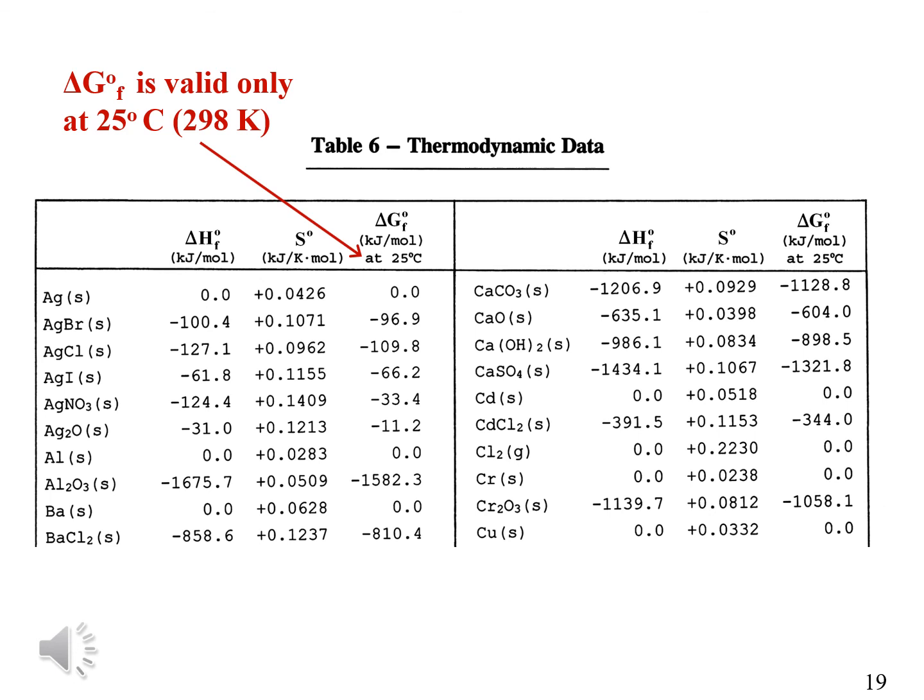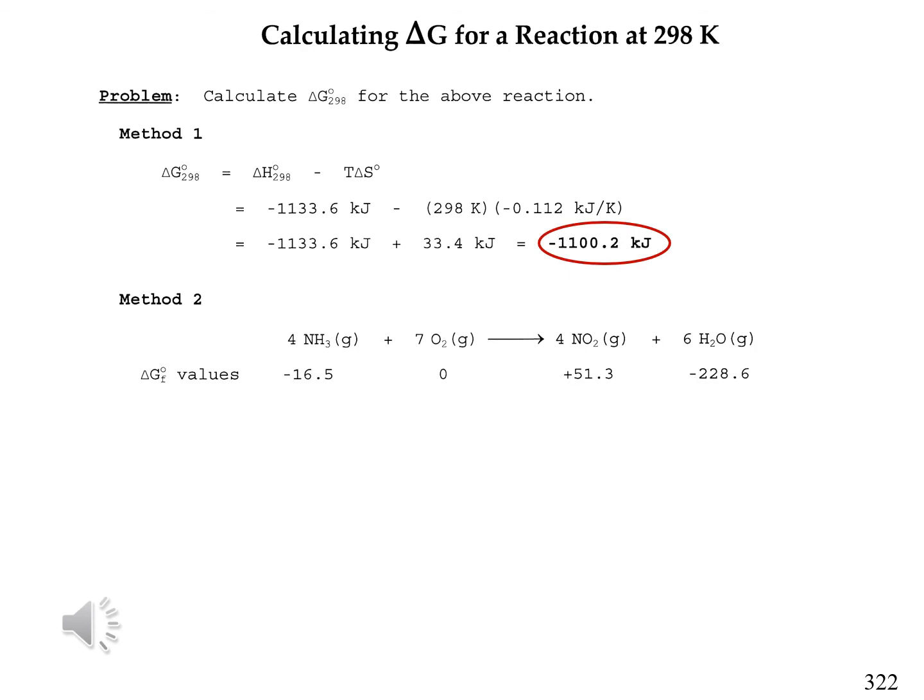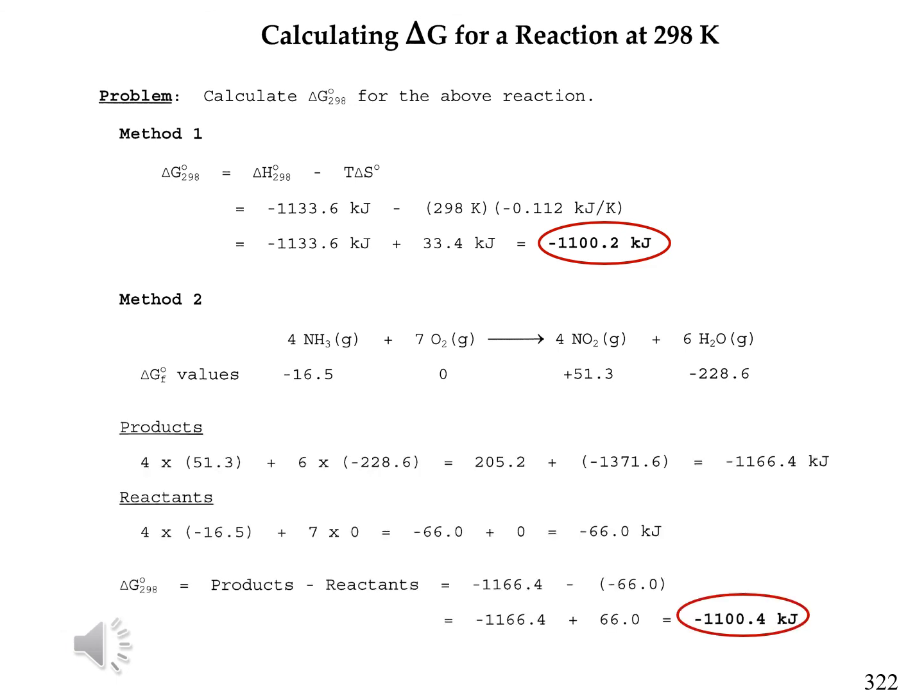If you want to get it at a temperature other than that, you have to talk about how you do that. So I took the third column values and looked them all up in the table for the reaction we're doing. And when you do the products minus reactants, you get the same answer, within experimental error.